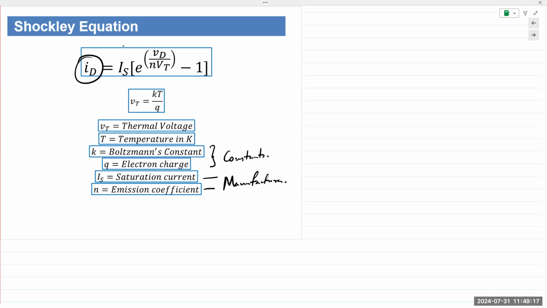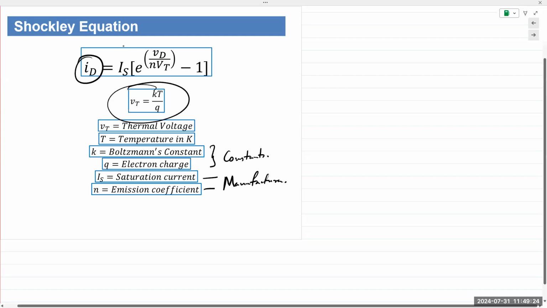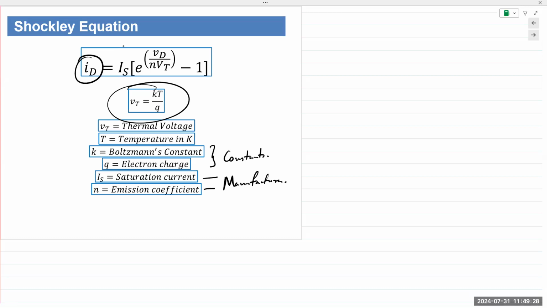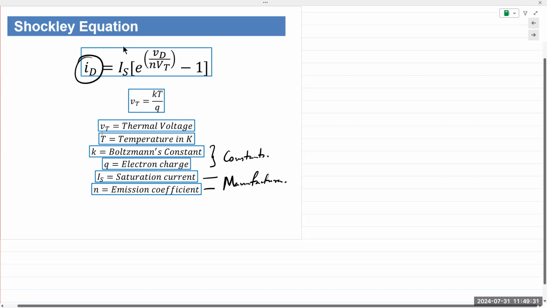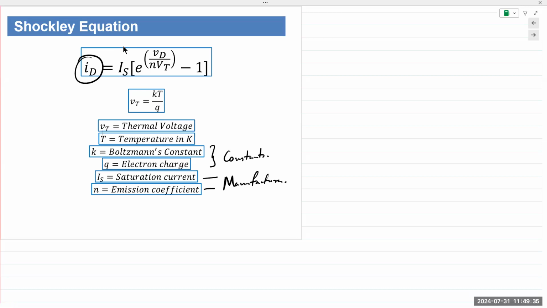VT is the thermal voltage given by KT over Q. And this is how we can use the diode as a digital thermometer.